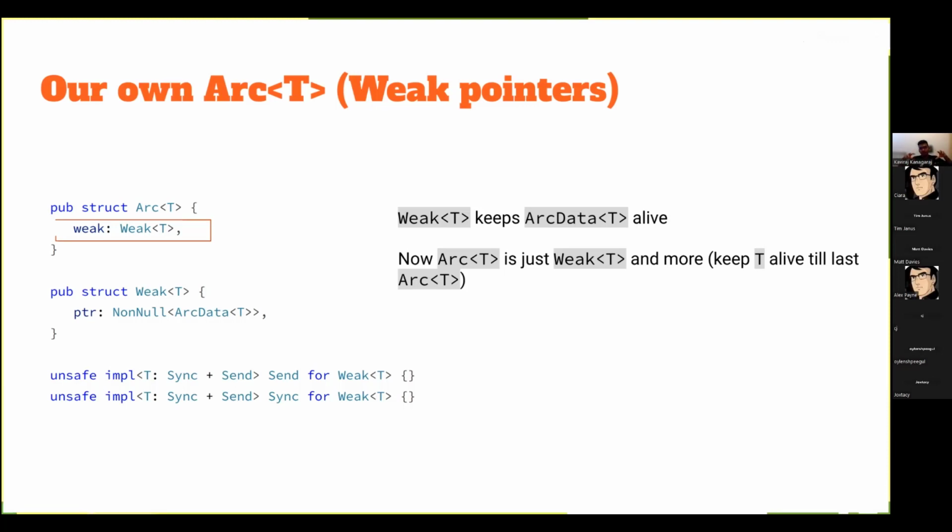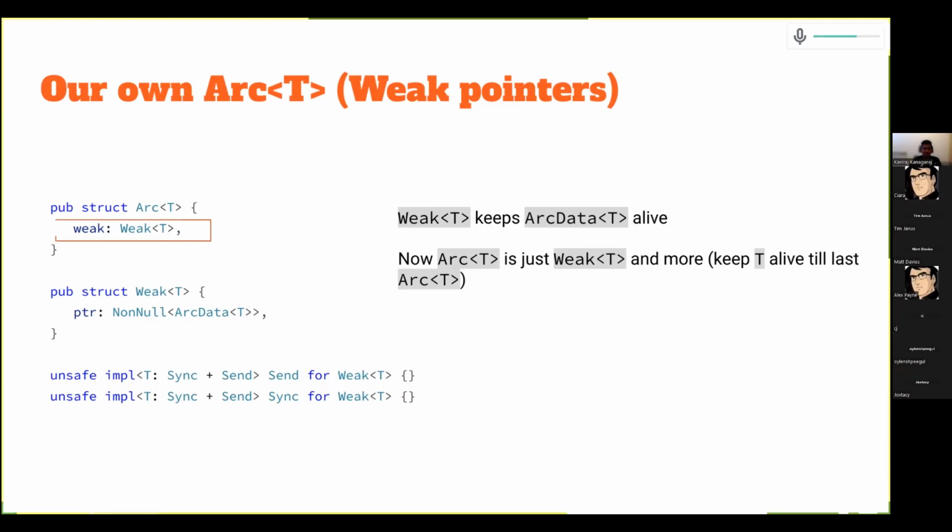Arc does everything a Weak does, plus it needs to make sure the T itself is live until the last Arc clone drops. That's the only additional thing Arc does other than the Weak pointer. So it makes sense to build Arc on top of Weak, so that we have all this implementation only once on the Weak pointer API, and then we add some extra things on the Arc itself. That's the idea here.